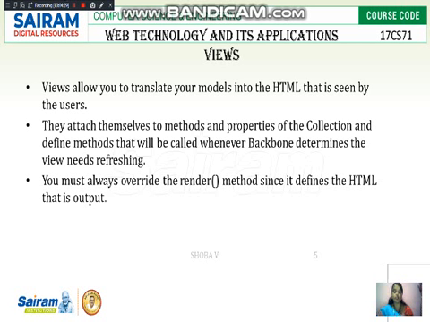Views attach themselves to methods and properties of the collection and define methods that are called whenever Backbone determines a view needs refreshing. This method defines the HTML that will be the ultimate output.